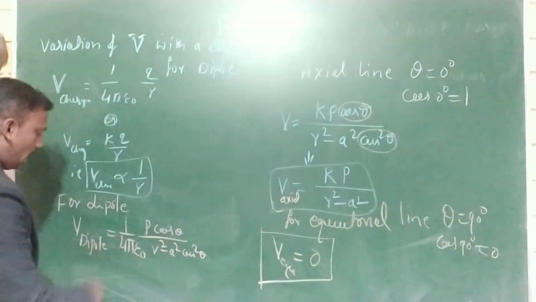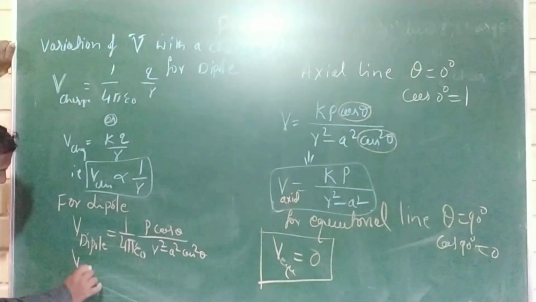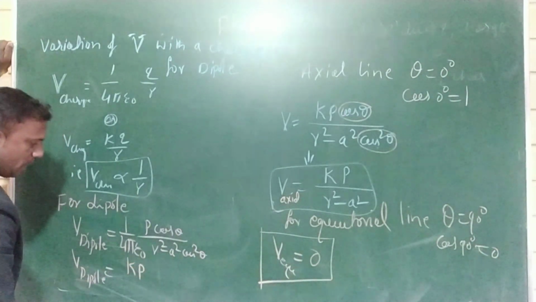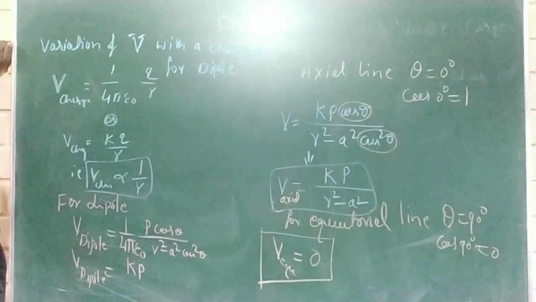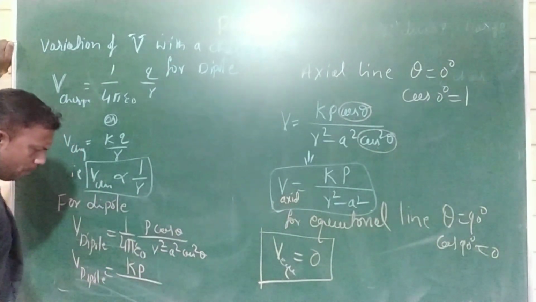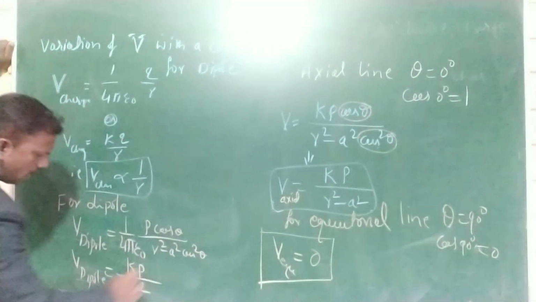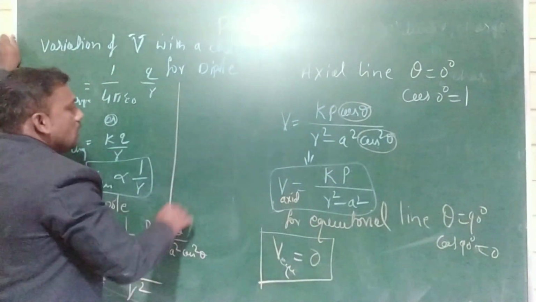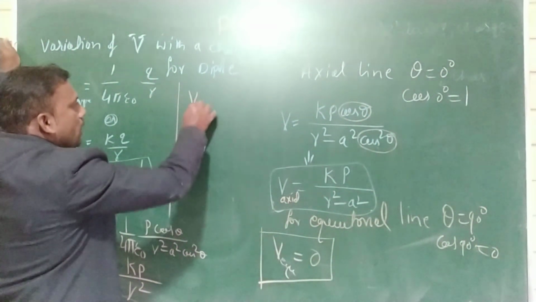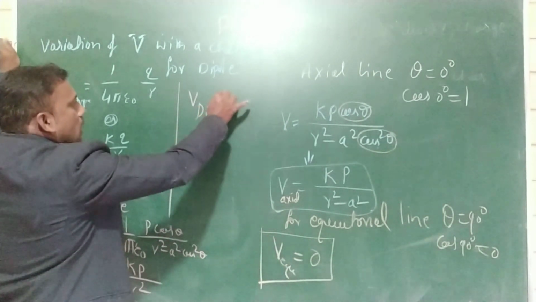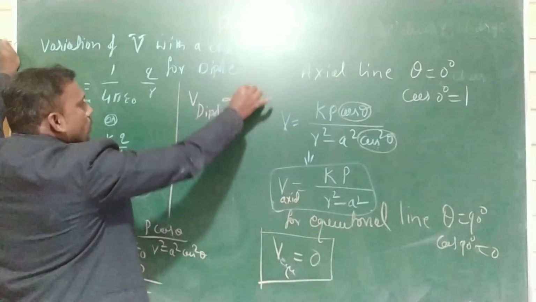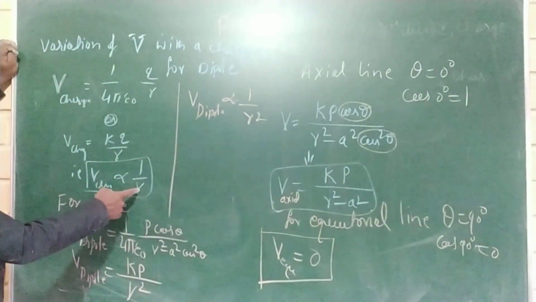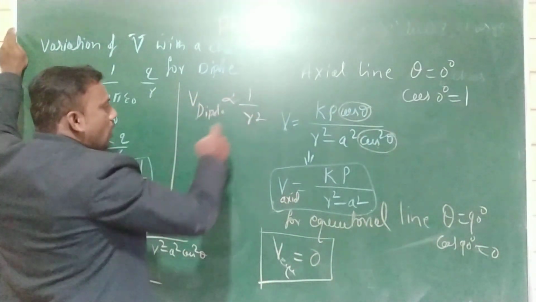For a short dipole, V dipole is equal to kp divided by r square. That is, V dipole is inversely proportional to r square. For V charge it is 1 over r, for V dipole it is 1 over r square.